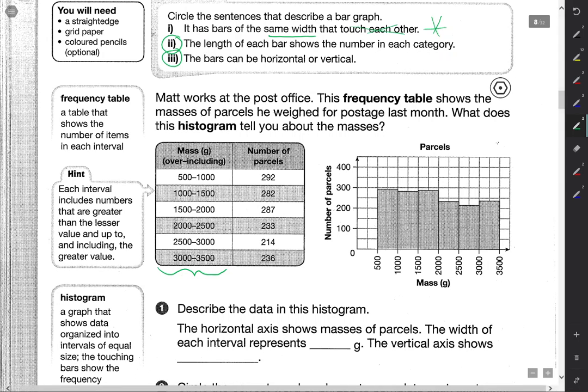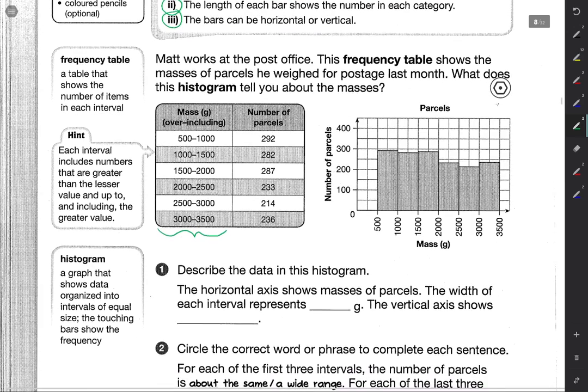Instead of just having one number, for instance, mass of 500, mass of 501 grams, mass of 502 grams, instead of doing each individual mass like that, they grouped the masses into ranges, 500 to 1,000, 1,000 to 1,500, and so on. And you'll notice over here that all the bars are touching each other, as opposed to the bar graphs where they were not touching each other.